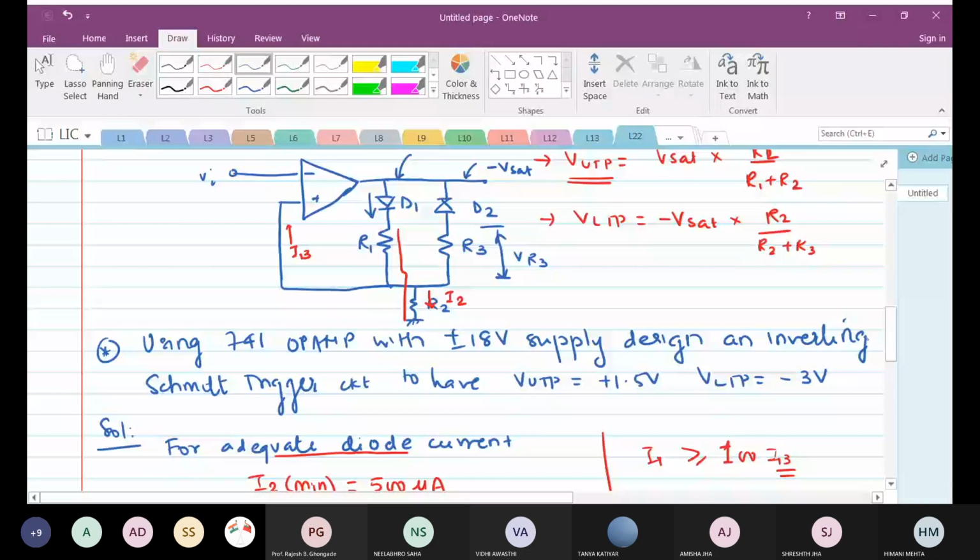So next let us go on to see the non-inverting Schmitt trigger. Okay. So far we were looking at the inverting Schmitt trigger. Is there any more lag now, guys? Yes, sir.